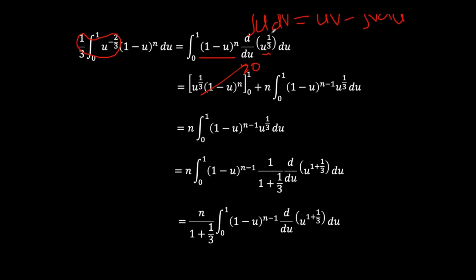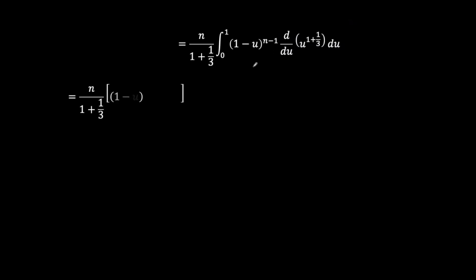So again, we repeat the process here. We consider this as something that we could use integration by parts. So this becomes v, and this is u, and the process continues again. So now we have this constant out, and then uv is (1 minus u) to the power n minus 1 times u to the power (1 plus 1 over 3).